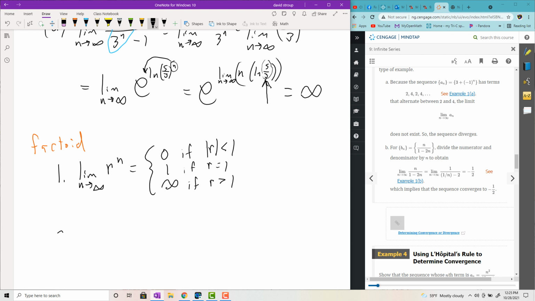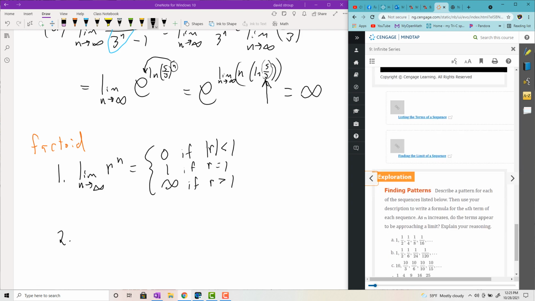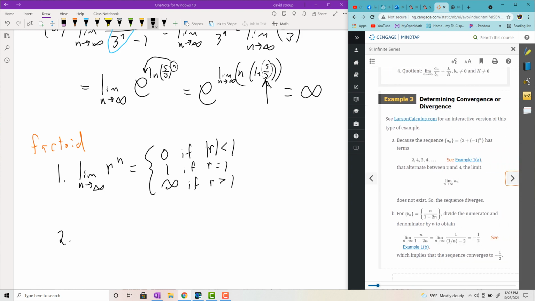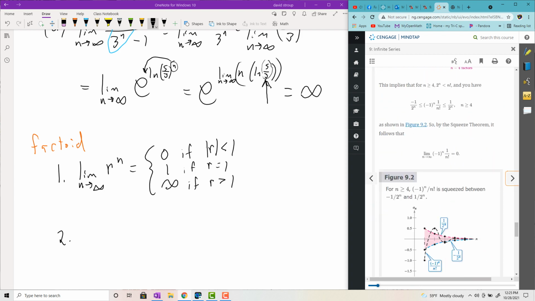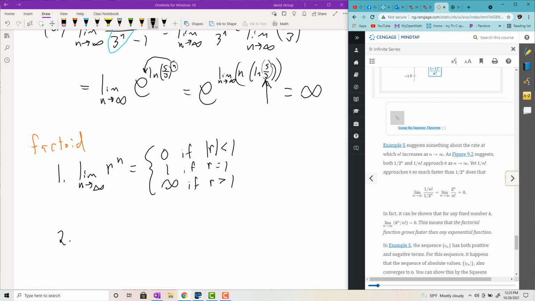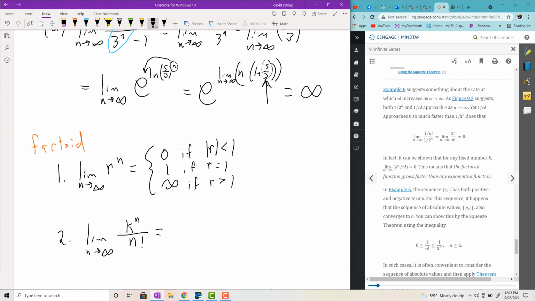Another limit that they just note, you probably, hoping you read it, you would have noted down here when they were sort of playing around, where the heck is it? I can't even find it. When they're talking about factorials, down here, basically, if you have a limit as n goes to infinity of some exponential expression all over a factorial expression, factorials are the fastest growing guys on the planet.